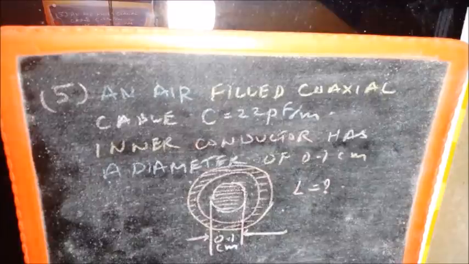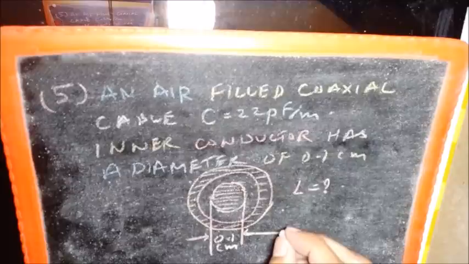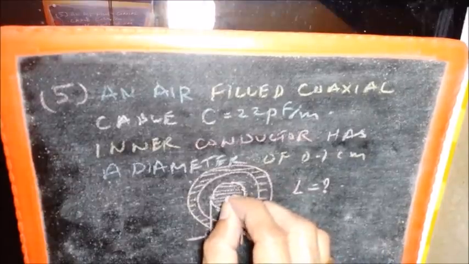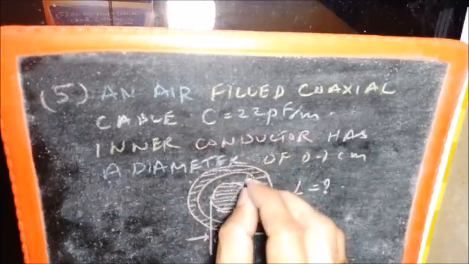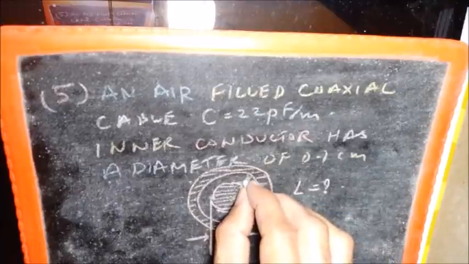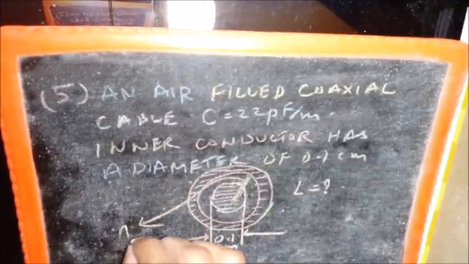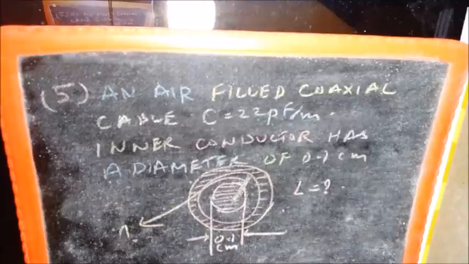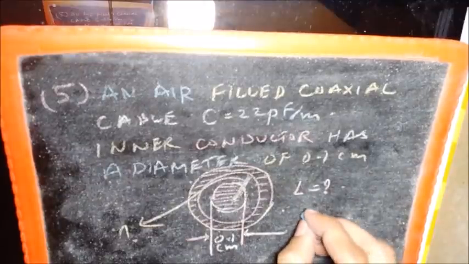We have to find out L. We have to find out the inner radius of the outer conductor, this one. So this we have to find out, the inner radius of the outer conductor.